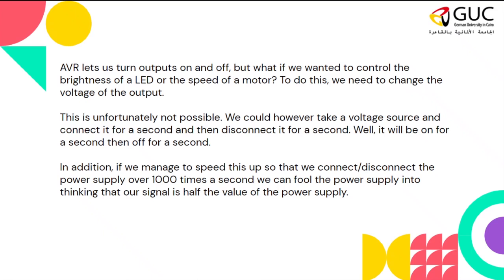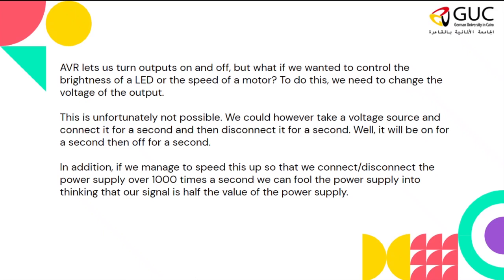This means that we want to keep on turning off, turning on, turning off over the whole period of time, which is the board sending the voltage value to the component, to have an average voltage of 2.5 instead of 5.